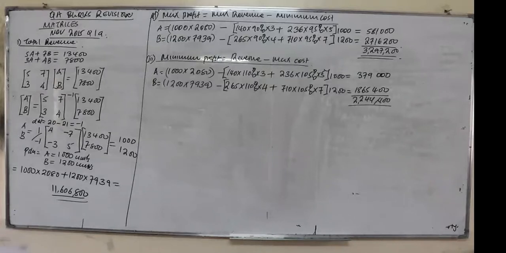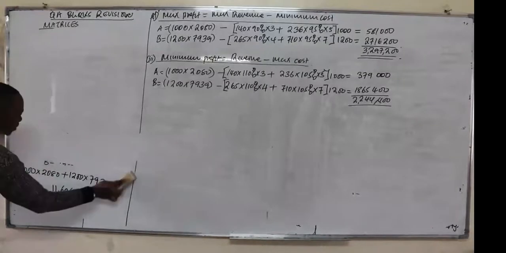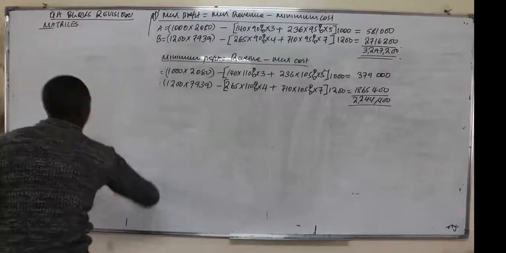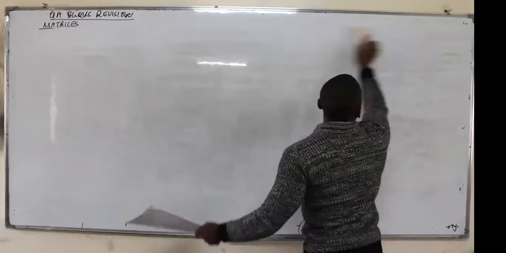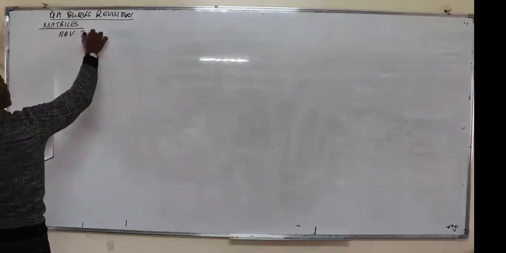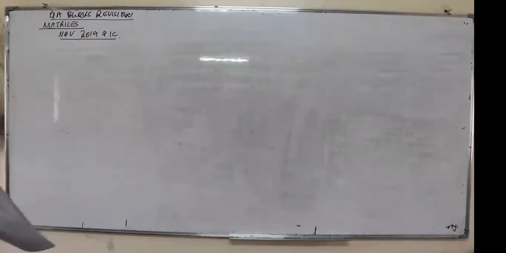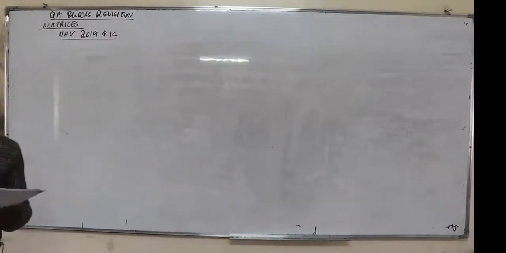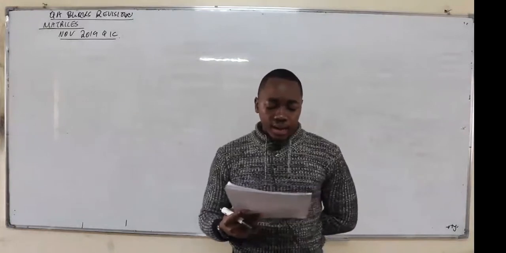November 2019, question 1C. So part C, a small economy has two sectors, X1 and X2, producing a single product for their internal and external demand in units summarized in the following matrix.